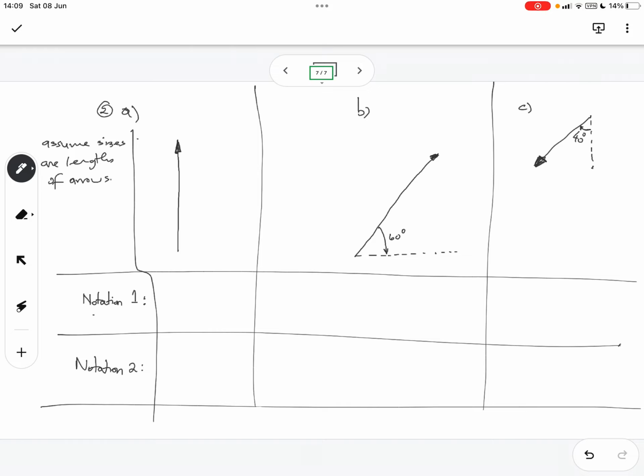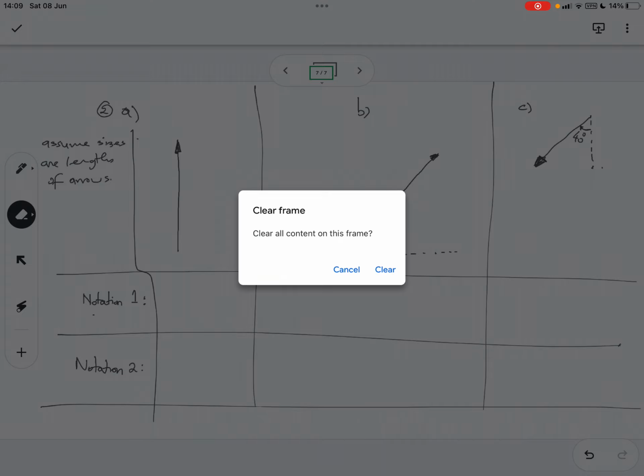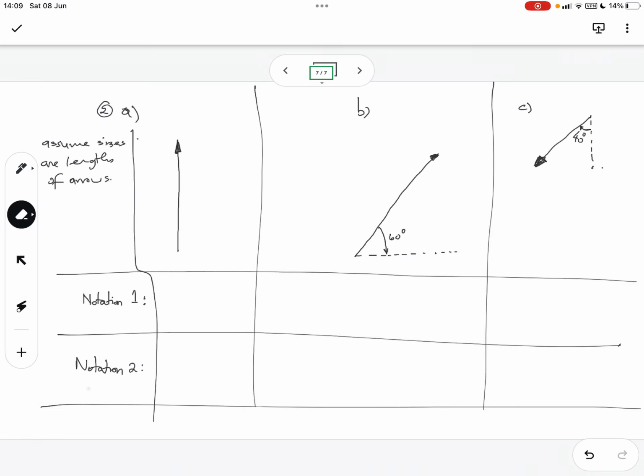We don't really know the size, but we can assume the size is the length of the arrow, so that we don't have to worry about how big these sizes are. All 3 of the black solid lines are vectors. So if we use notation 1 to express the first vector, how would you go about answering that question?